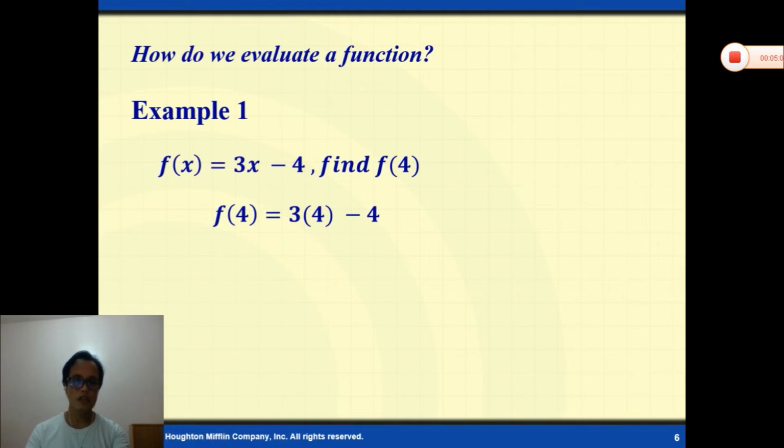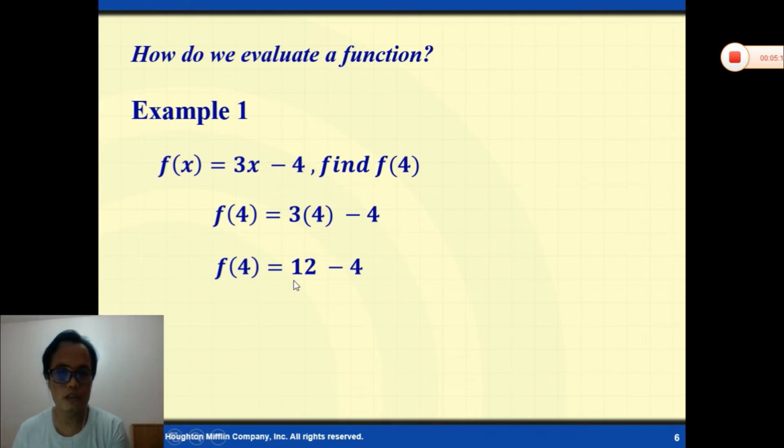After substituting the value into the function, we need to evaluate. f of 4 equals 12 minus 4, and 12 minus 4 is equal to 8. So if the domain for this function is 4, it will give us an output, or range, of 8 for this linear function.